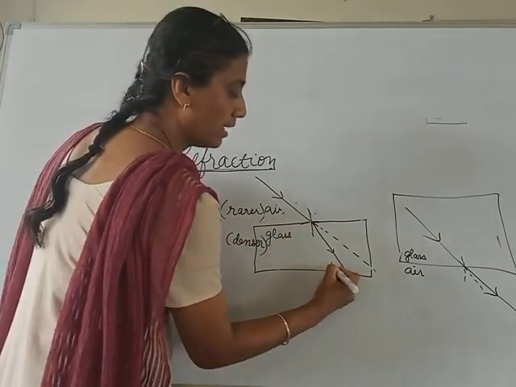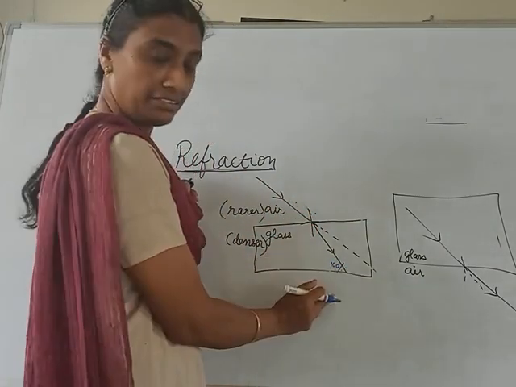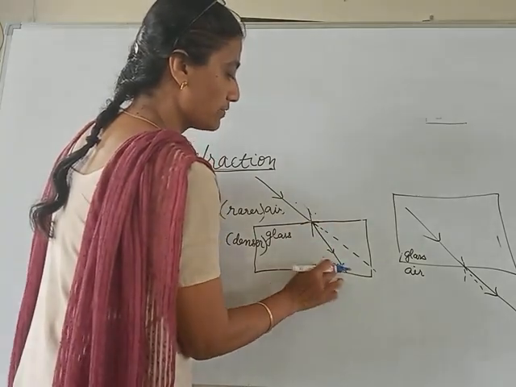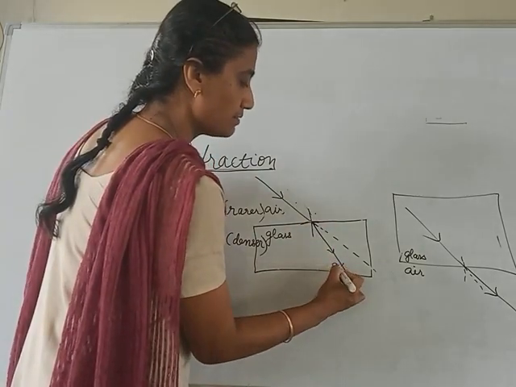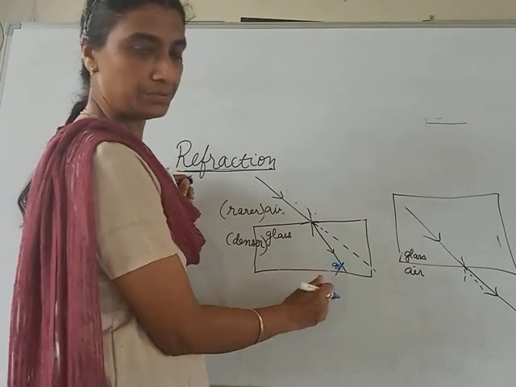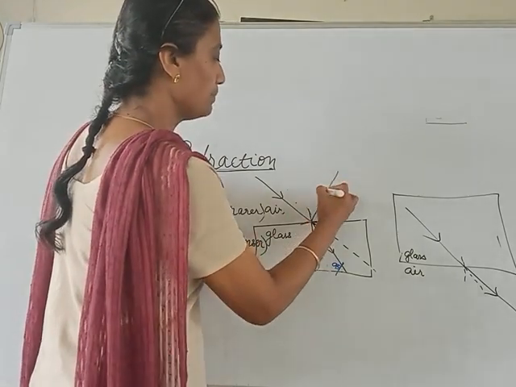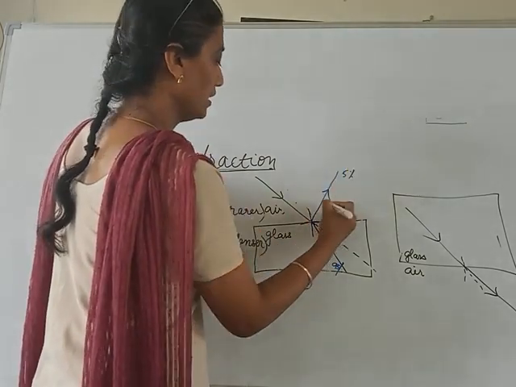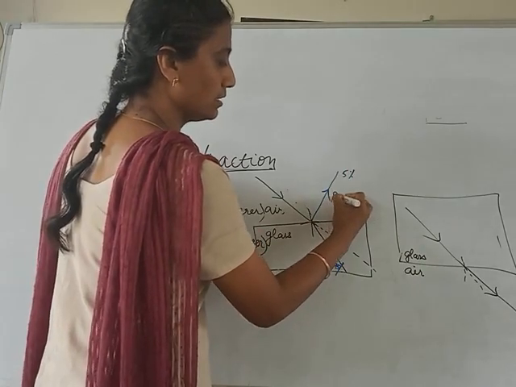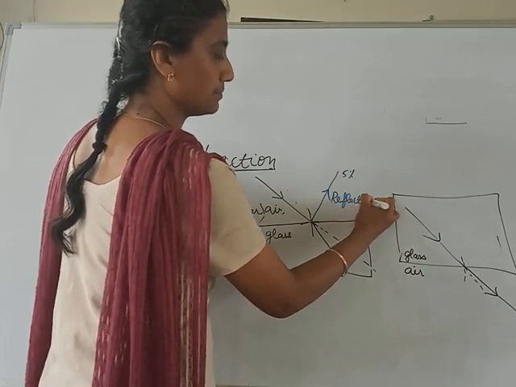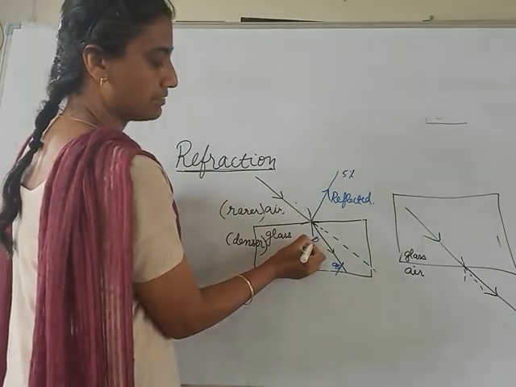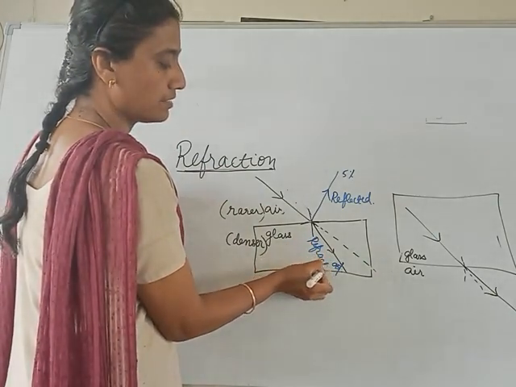Not that the entire 100% of light will be refracted. It is found that only 95% will be refracted, in the sense going into the other medium. The remaining 5% of light might be reflected back into the same medium. Okay, this is the refracted ray and that is the reflected ray.